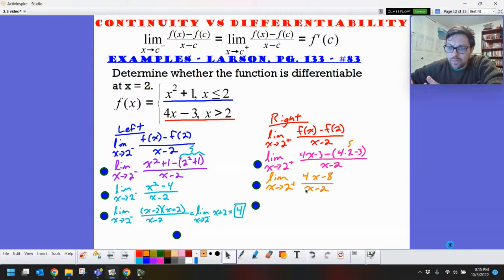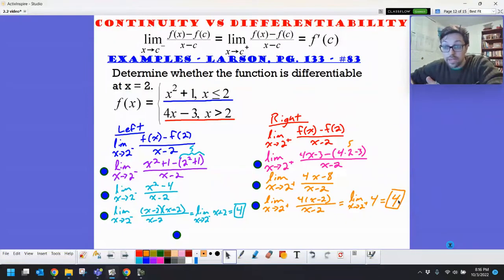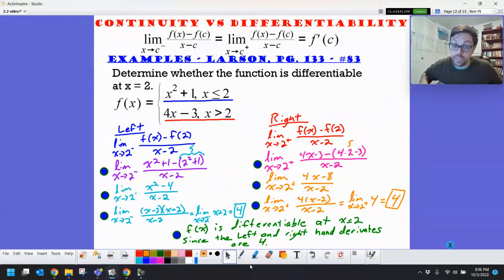Then we can factor the 4 out, and once we factor the 4 out, the x minus 2 and the x minus 2 cancel each other. So we get the limit as x is approaching 2 from the right of 4. The limit of a constant is that constant, so that's 4. This is 4, that is 4. Our limits are matching up, so boom. Yes, f of x is differentiable at x equals 2, since the left and the right-hand derivatives are equal to each other: 4.